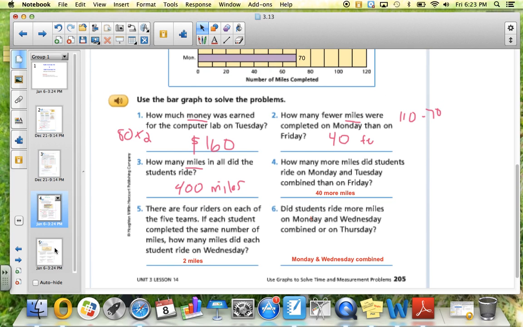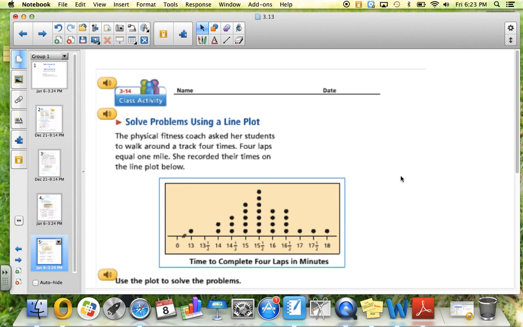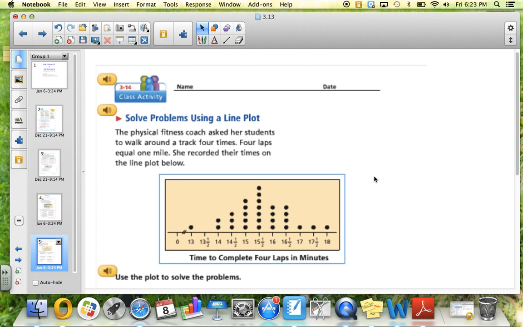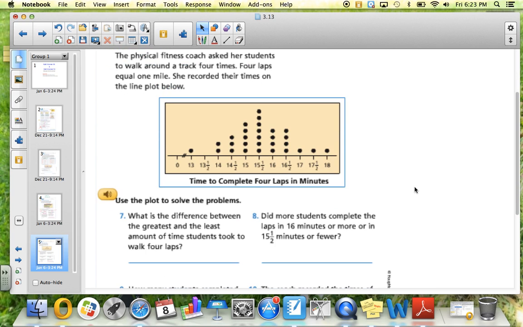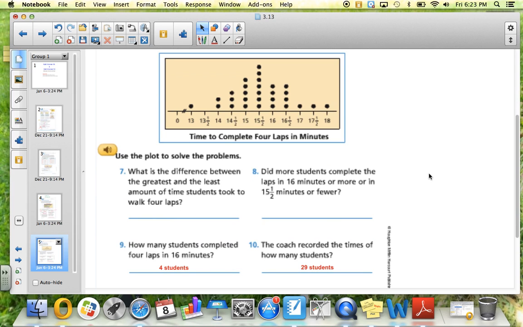And now we are going to move on to the next page in our SAB. We're going to solve problems using a line plot. It says the physical fitness coach asked her students to walk around a track 4 times. 4 laps equal 1 mile. She recorded their times in the line plot below. Number 7, what is the difference between the greatest and the least amount of time students took to walk 4 laps?